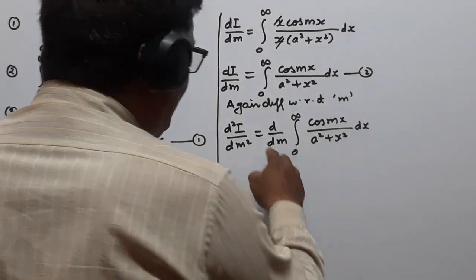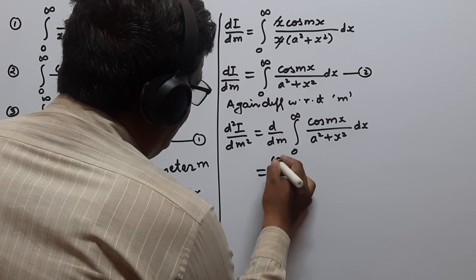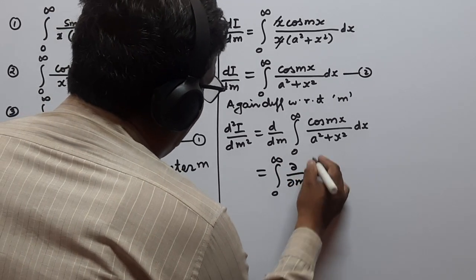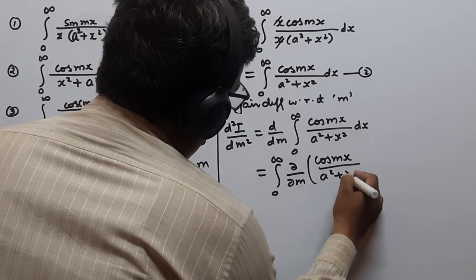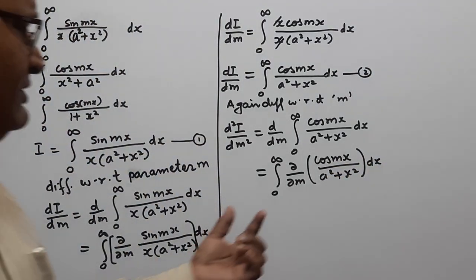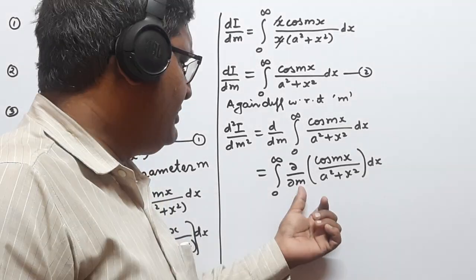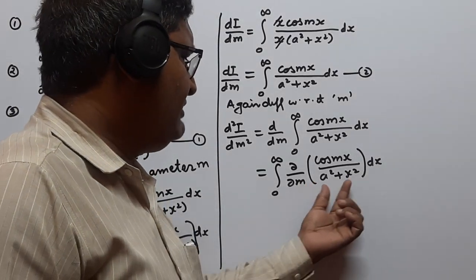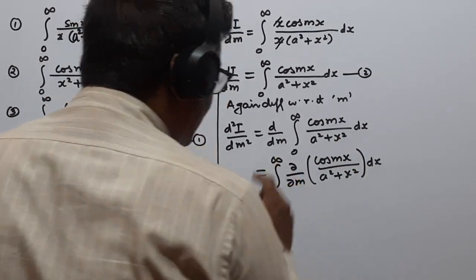Now this d by dm goes inside the integral side and converts to partial differentiation, so this can be written as del by del m of cos mx divided by a square plus x square dx. Now we can see that 1 upon a square plus x square is constant with respect to m because we differentiate partially here. So we differentiate cos mx with respect to m.